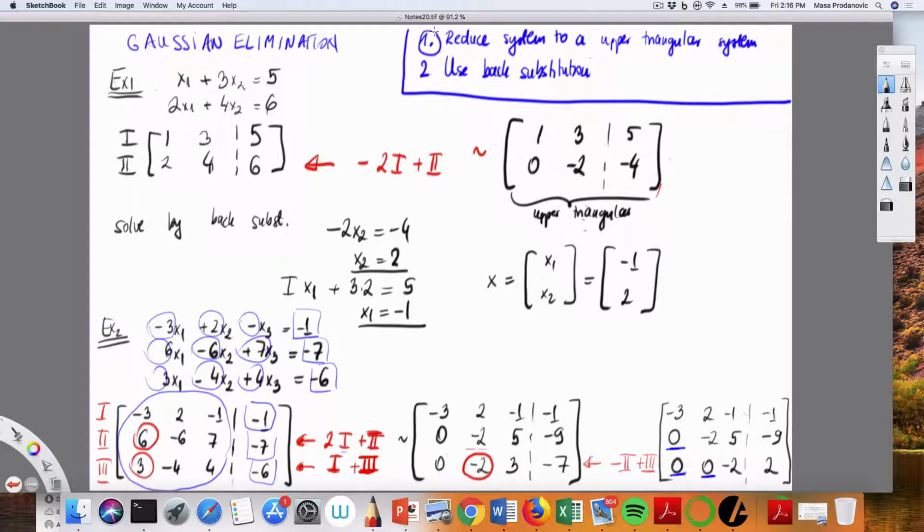And if you don't mind, I'm going to squeeze it all on the other side, otherwise I have to rewrite this entire system. So I'm going to give myself space right here. Okay? So what is back substitution? Where am I going to start?